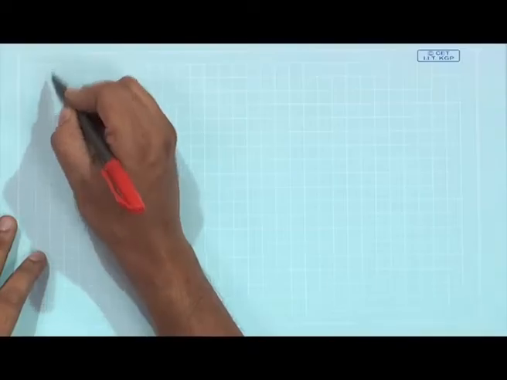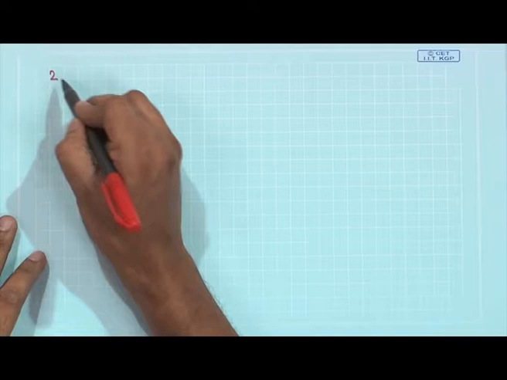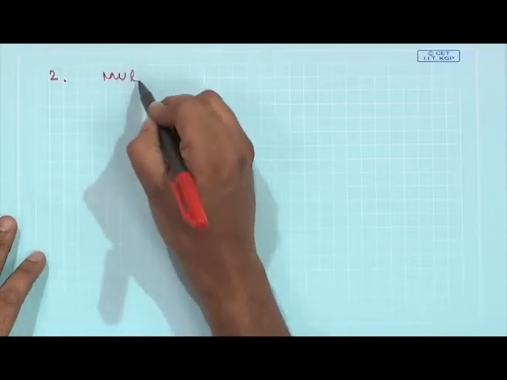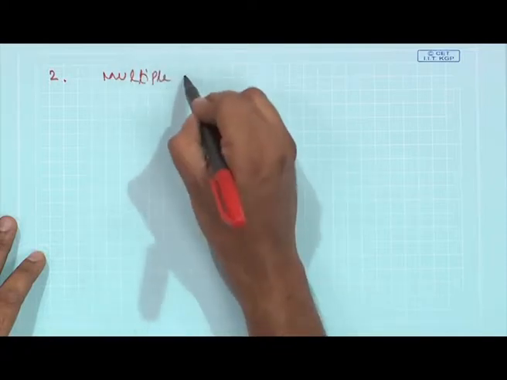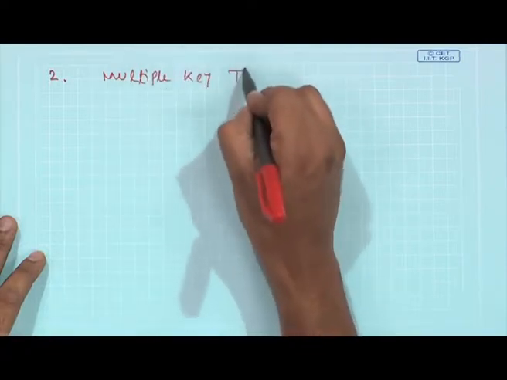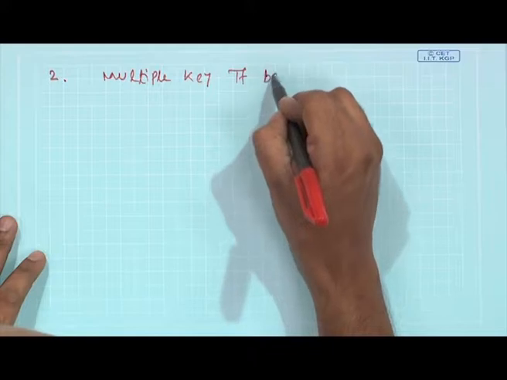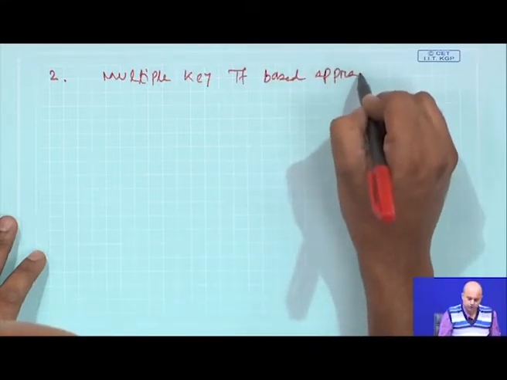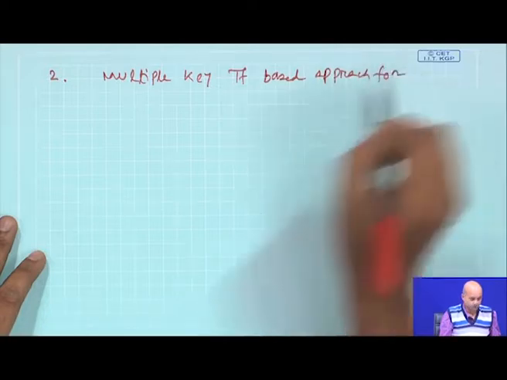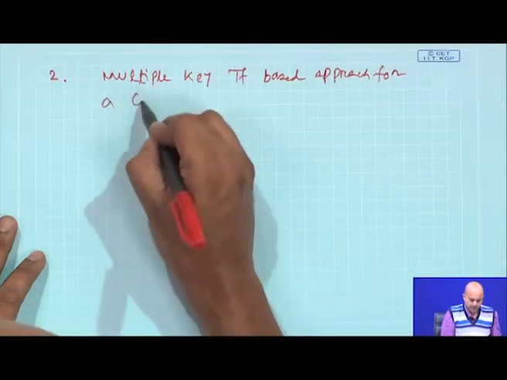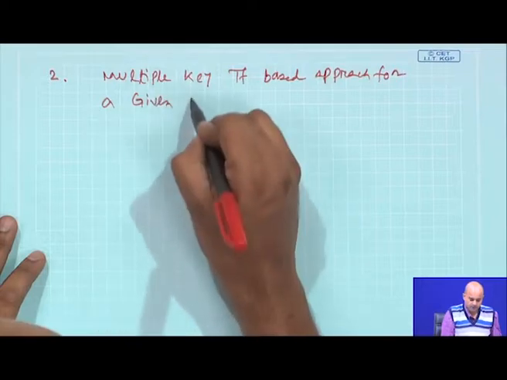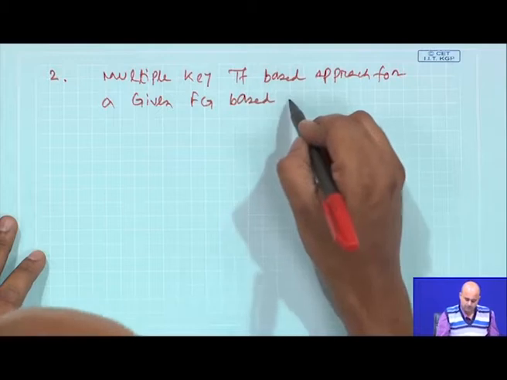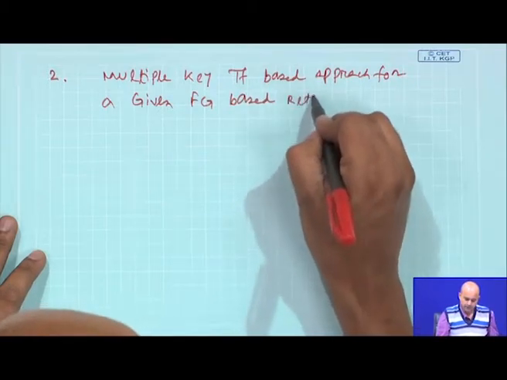Now, today we will be talking about the second point, which is how you can use a multiple key transformation based approach for a given functional group based retro.